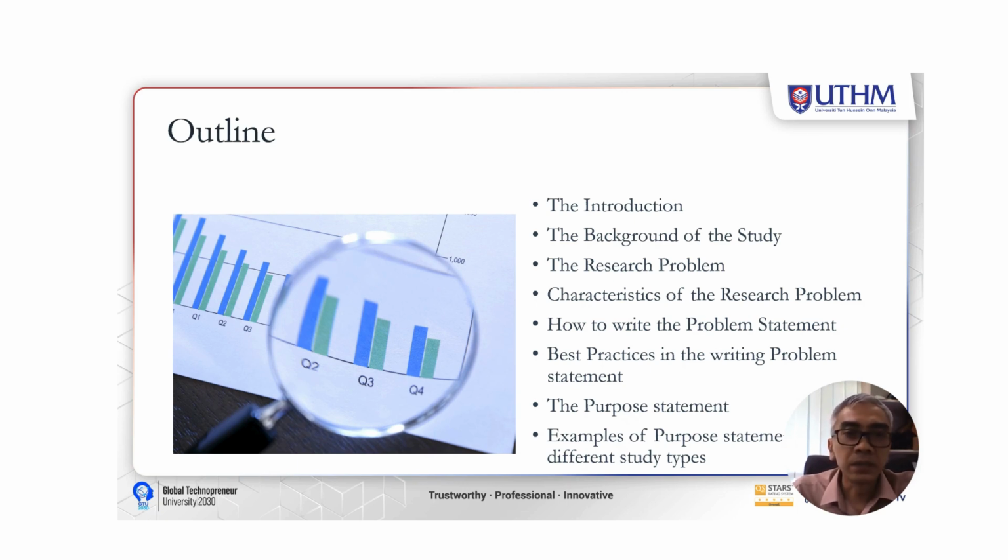Then we will discuss how to construct a strong problem statement using a logical flow. Finally, we will move into the purpose statement, which defines what your study is trying to achieve. I want you to see this not as a separate component, but as a continuous story from general idea to specific research direction.